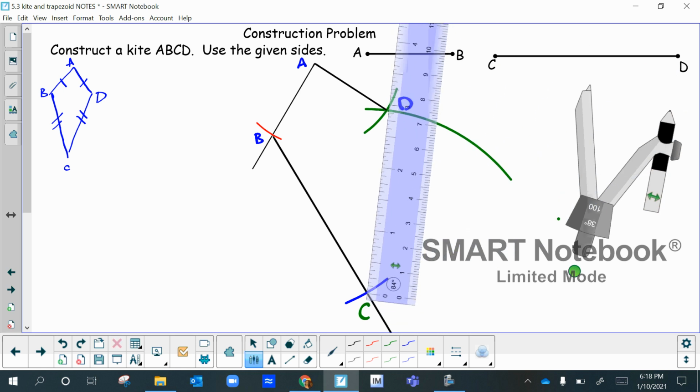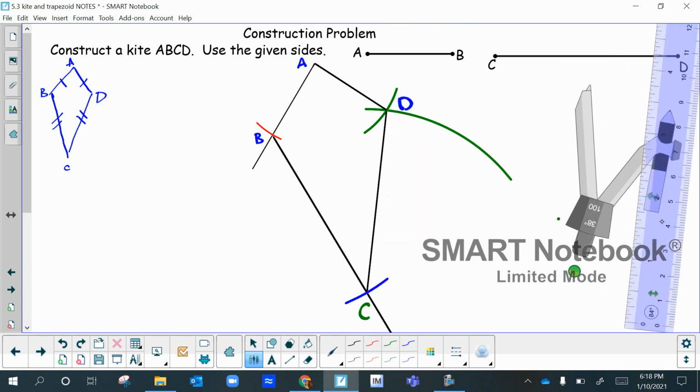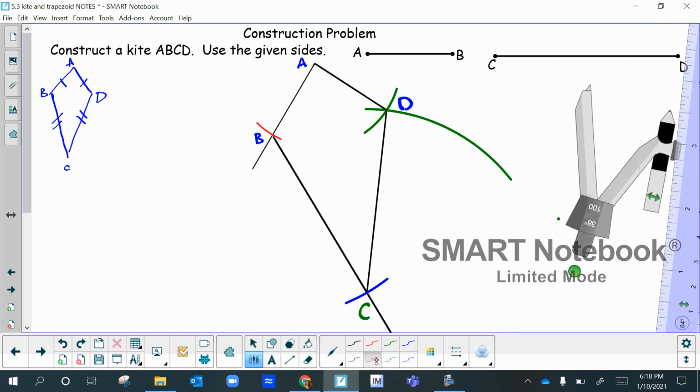Always make sure it's right at the intersection point, so you have to make adjustments if needed. There we go. That is a perfectly constructed kite with those given measures that they gave us. So you're going to have a similar problem to this on your homework, and you might see one on the test at the end of this unit.